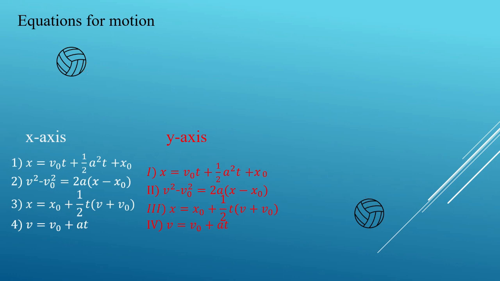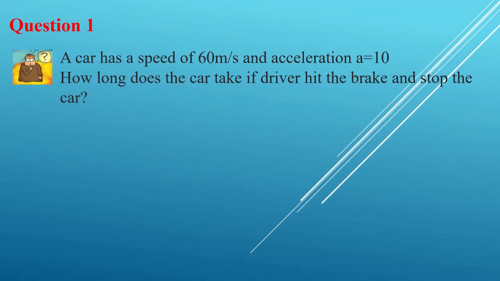Now let's look at the examples. In question 1, a car has a speed of 60 meters per second and the acceleration is 10 meters per second squared. It asks how long the car takes if the driver hits the brake and stops the car.